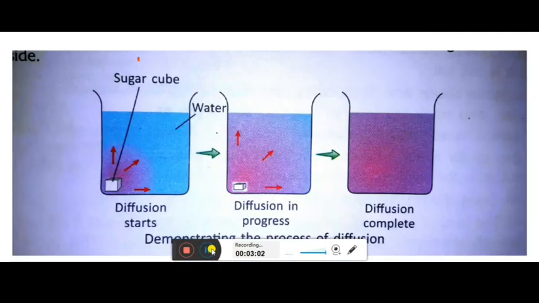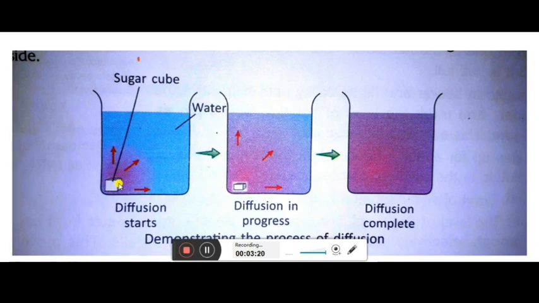Now the next activity is to show the process of diffusion. It is a very simple experiment. You have to take one beaker filled with normal water, and one sugar cube is put inside it.